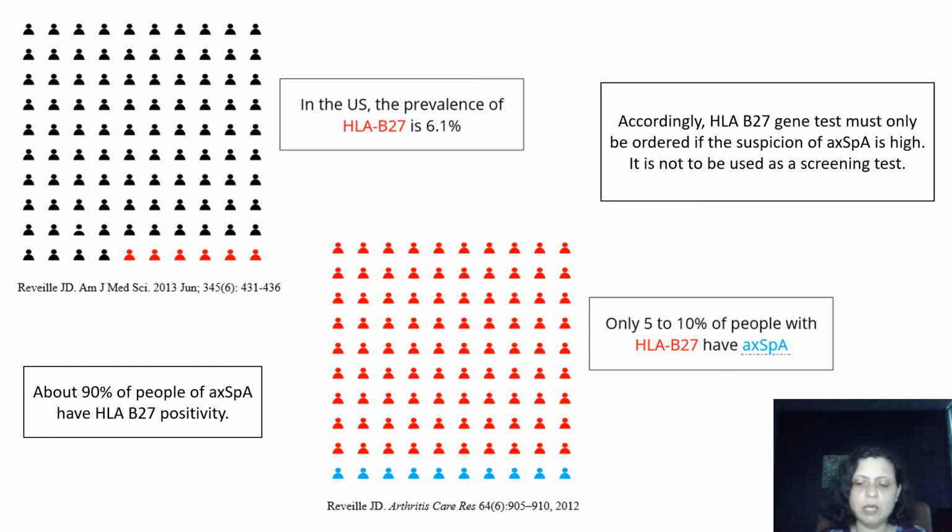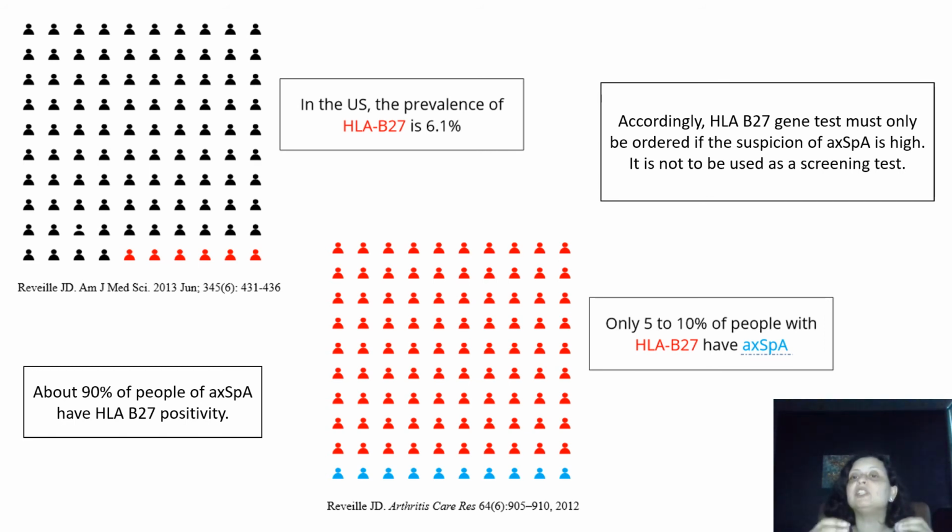So, just to be clear, not all people who have the gene positive will have the disease. But if you look from another angle, 90% of people who have axial spondyloarthritis have HLA-B27 positivity. Okay, so keep that in mind.